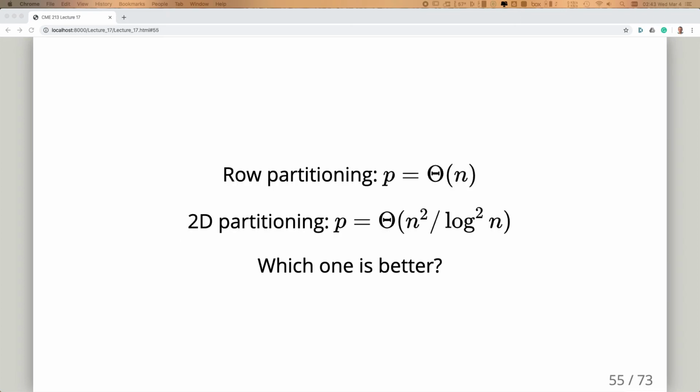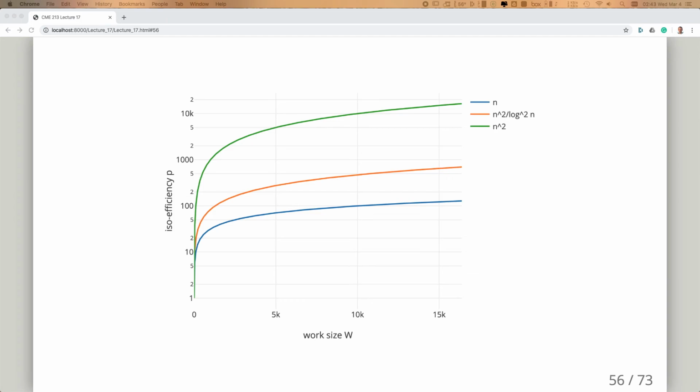So now the question is, if you compare the row partitioning, P increased like n, and here P increased like n squared divided by log squared n. So in the second case, this is the plot. The 2D blocking is at a much higher isoefficiency curve, like the P is higher.